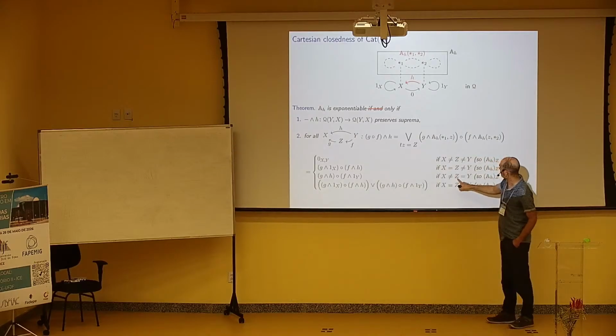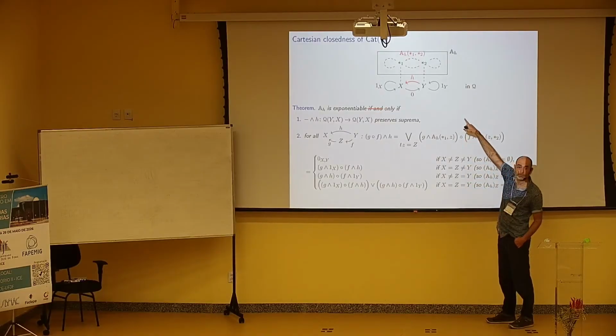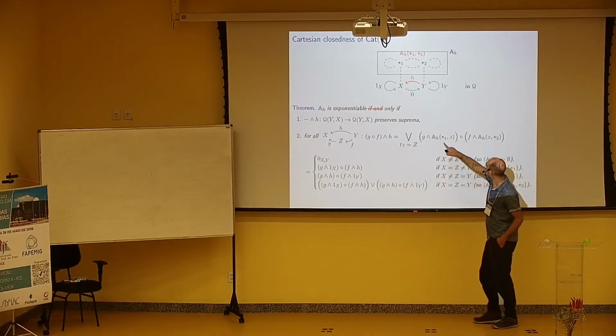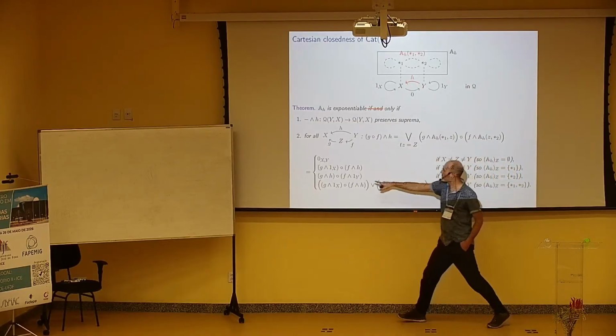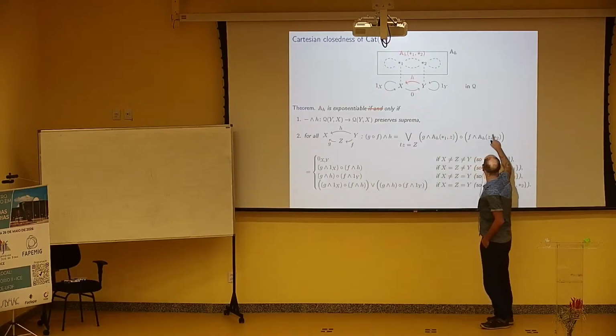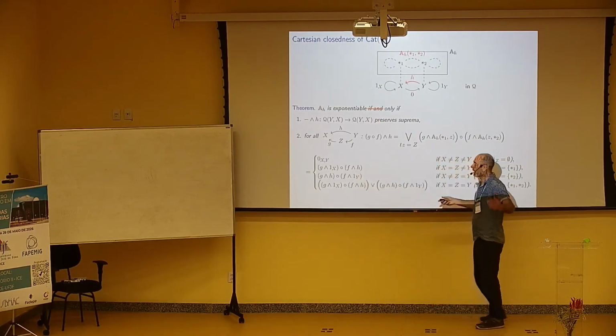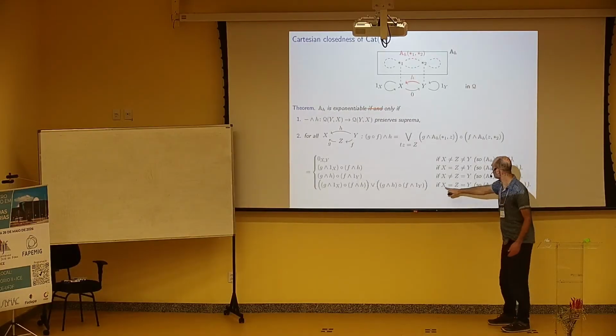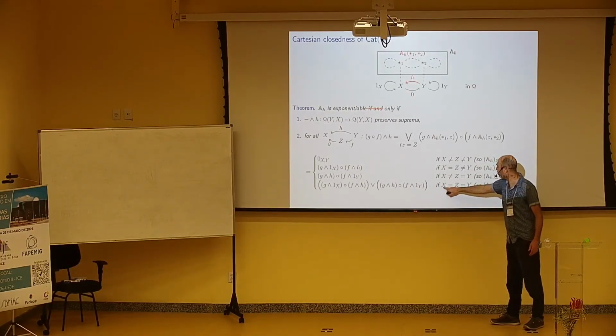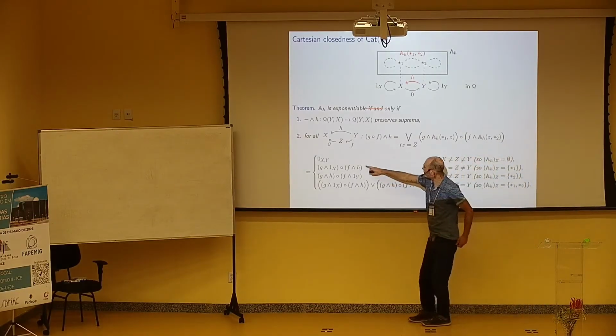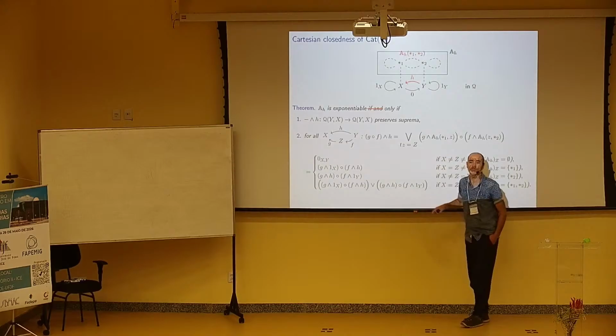Similarly, if z is different from x but equal to y, there's only one object of type z. It's star 2. It's little y. Okay? And so now it's this hom which becomes h, and this hom which becomes the identity. And if it so happens that z is both equal to x and y, then there are two objects, namely the two previous cases, and I have to take a real soup.